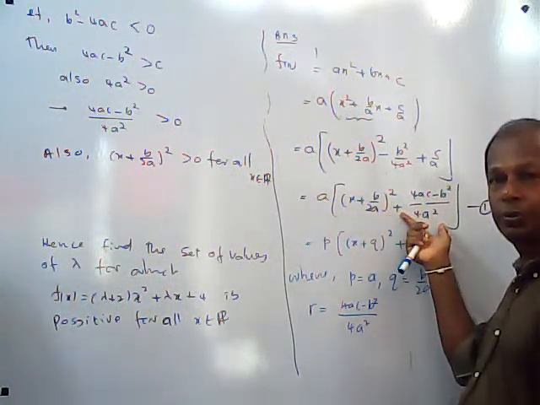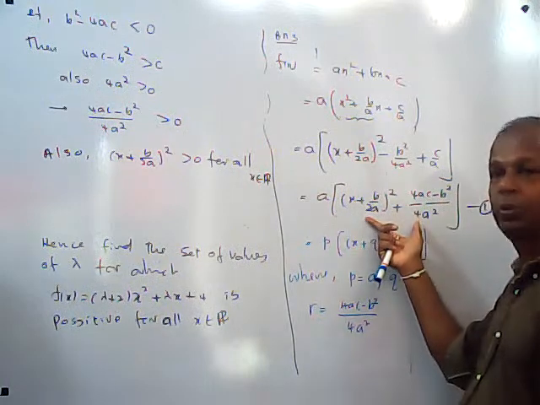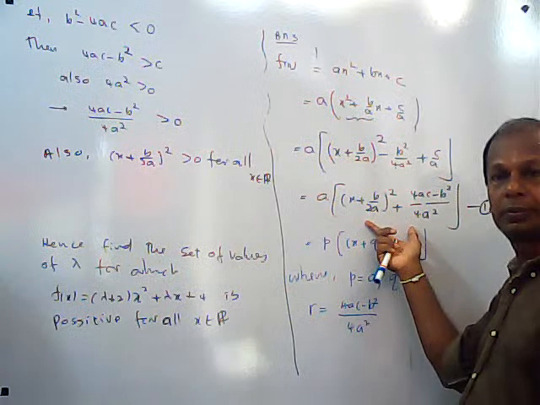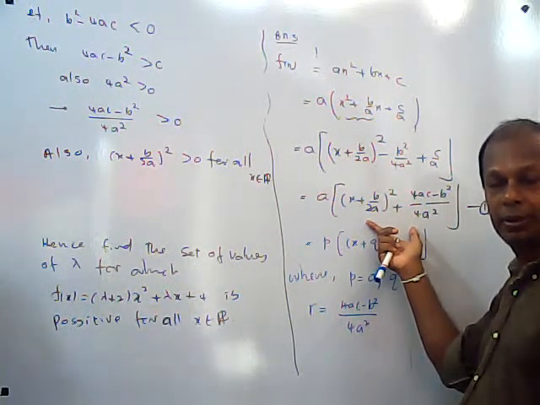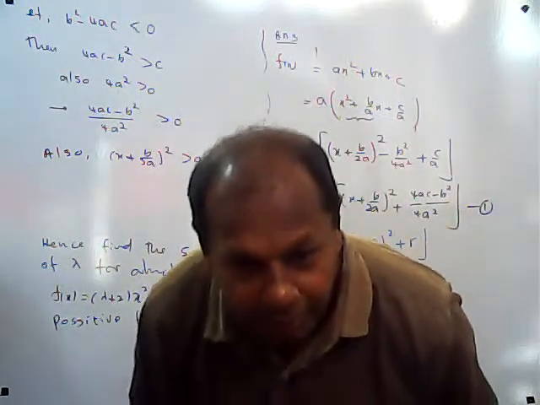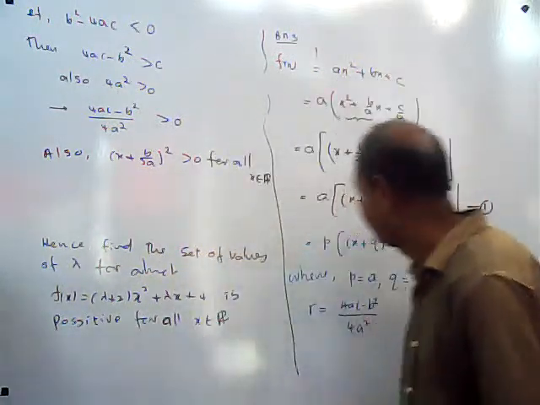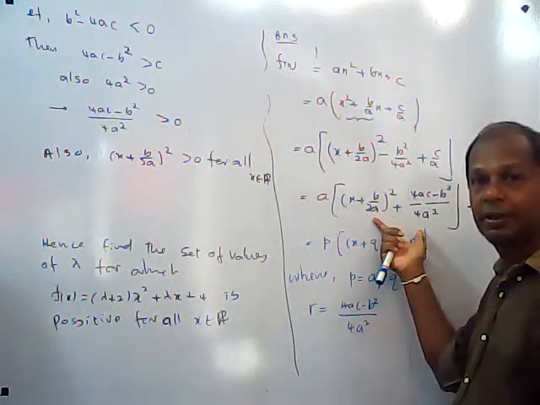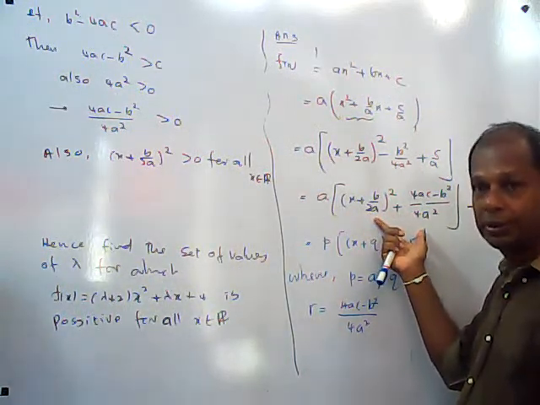This part is positive. You add a positive number. Then what about the whole thing inside the square brackets? This whole thing now is definitely greater than 0. Now no equal, right?